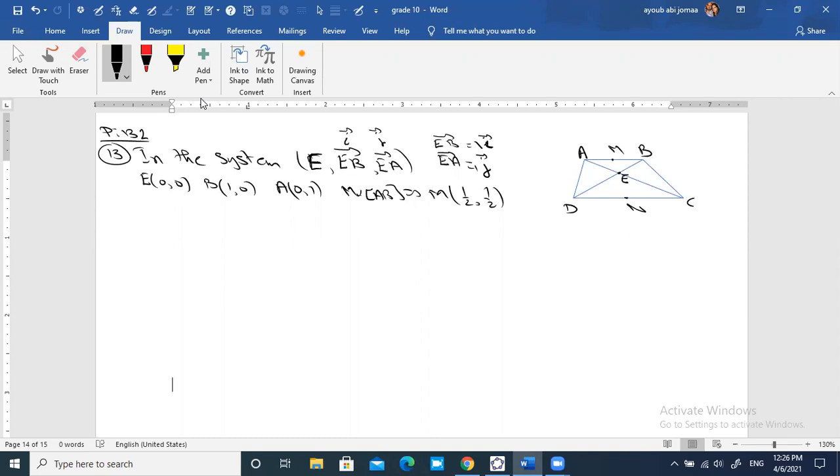Okay. The same idea, Thales theorem: ED over EB is equal to EC over EA.